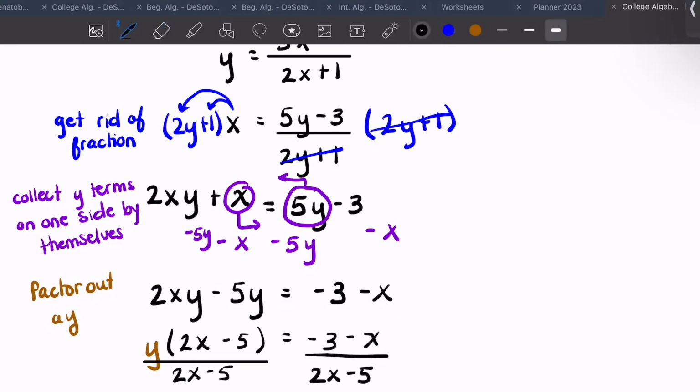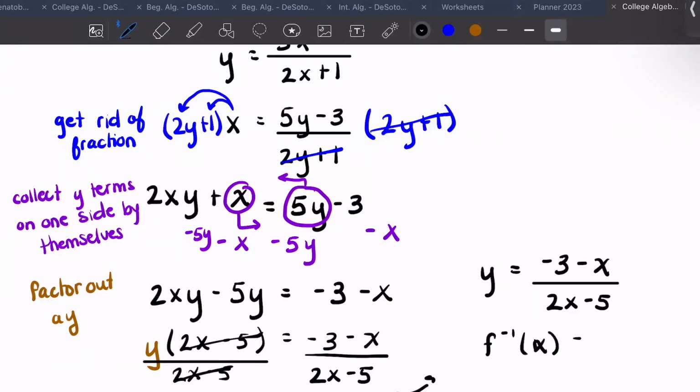And when you do that, you're left with y, because these divide to 1, y equals -3 minus x over 2x minus 5. Your last step is to replace that y with the inverse notation. And you're done.